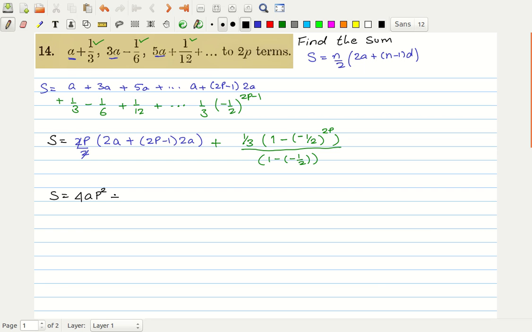The sum of the geometric progression part is 1 by 3 divided by 3 by 2, right? 1 plus half is 3 by 2. 1 by 3 divided by 3 by 2 is actually equal to 2 by 9, right?